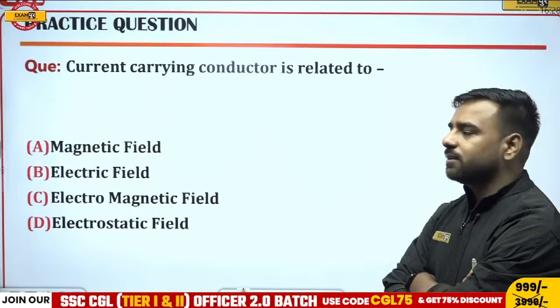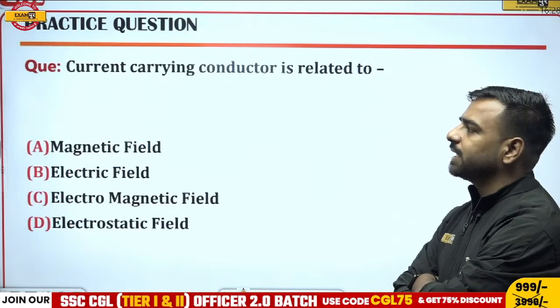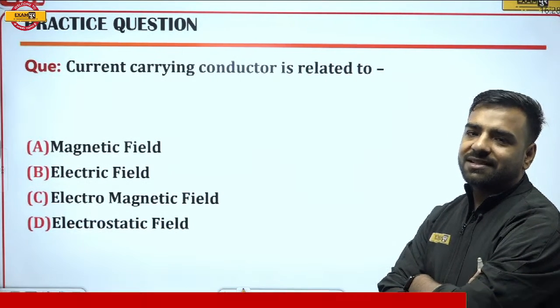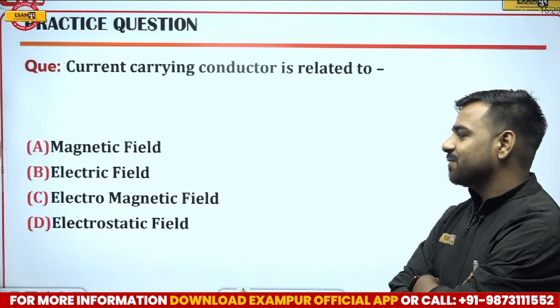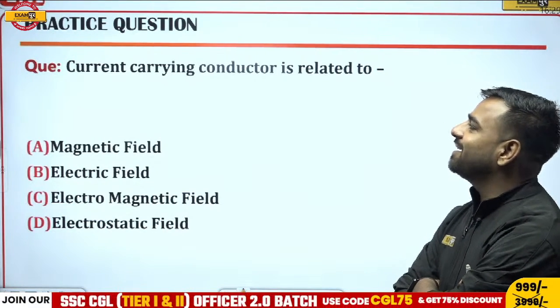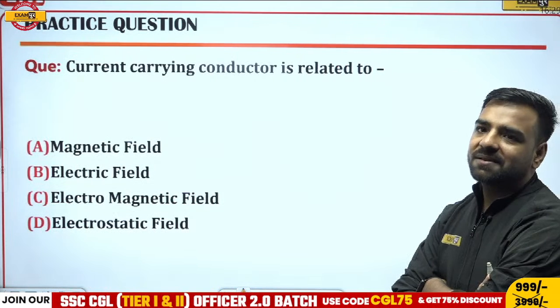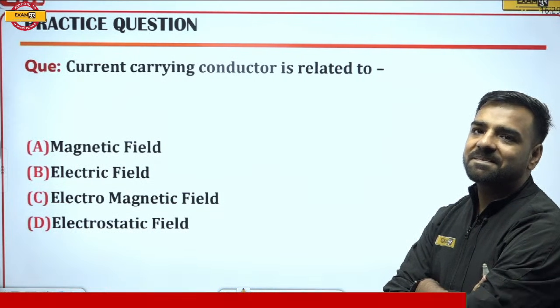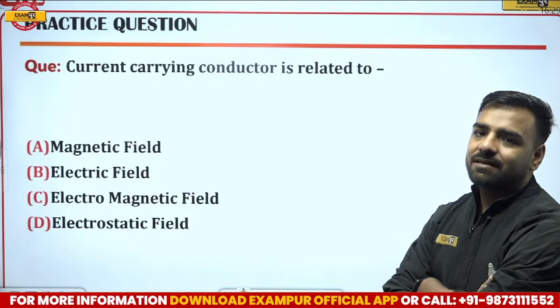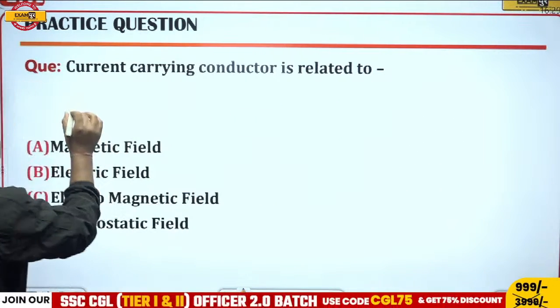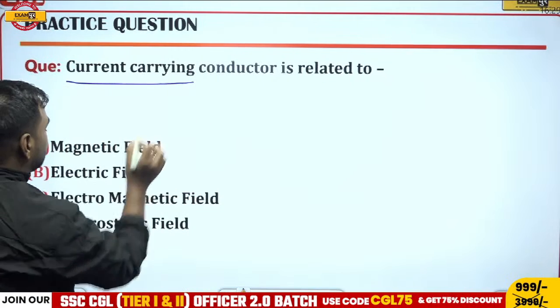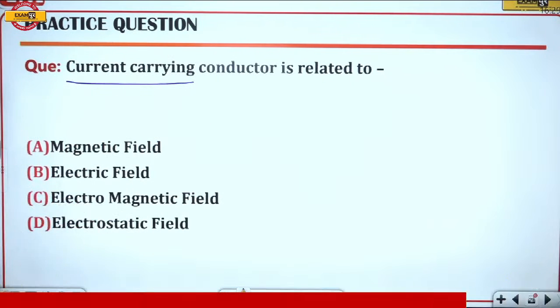In the first attempt, it seems as if it will be electric field, right? Since it is carrying the current. So what do you think? Current carrying conductor is related to what? Yeah, I knew. It seems in the first go, if I talk about a current carrying conductor, it seems as if there would be electric field.